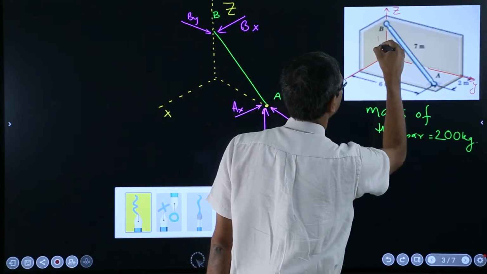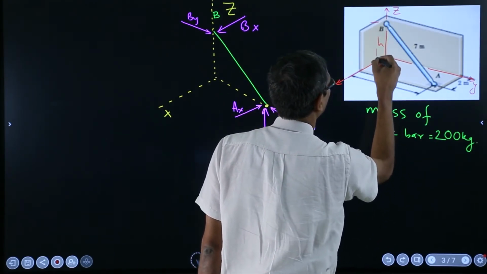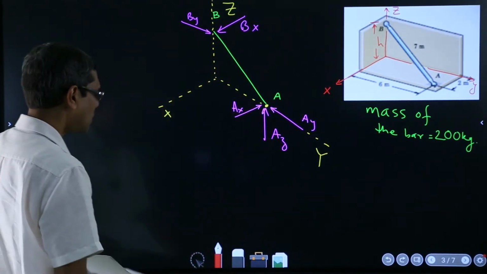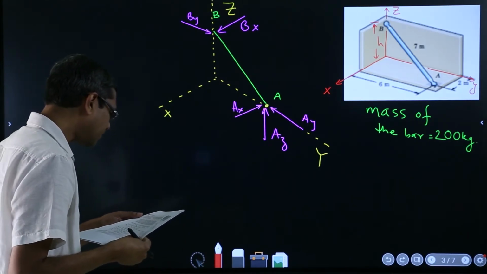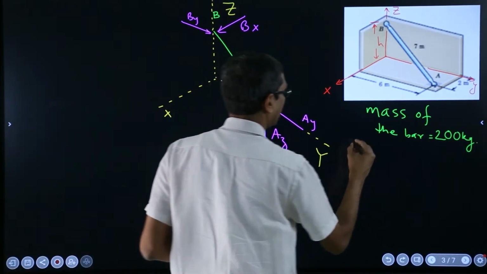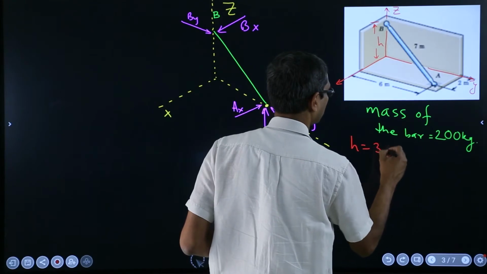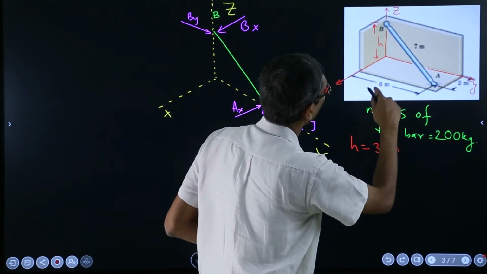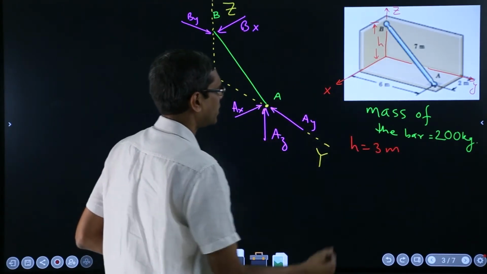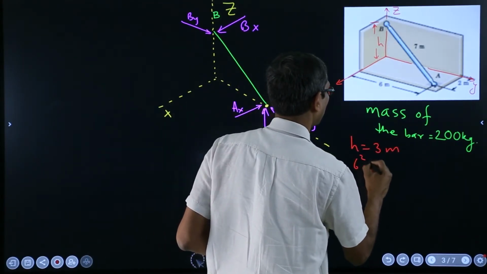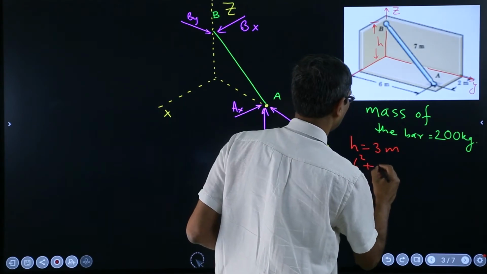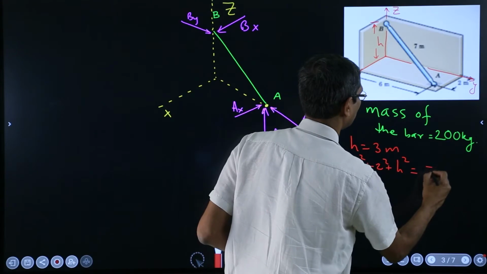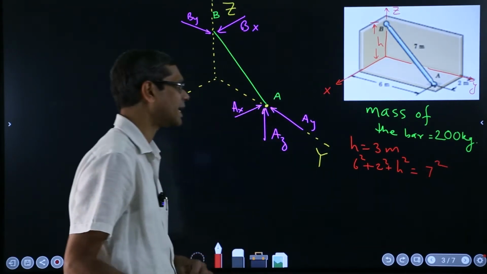You can figure out that h will be 3 meters, because 6 squared plus 2 squared plus h squared should be 7 squared. If you solve this, you will get h to be 3.